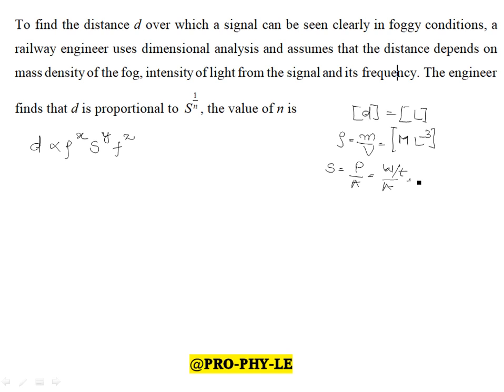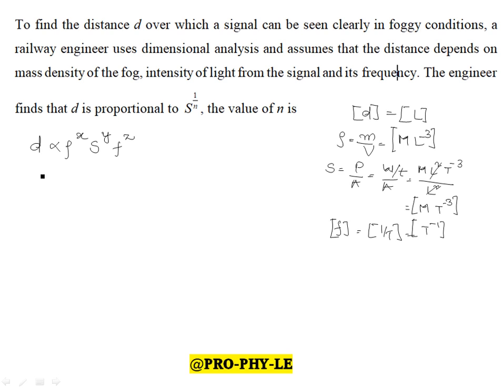Work done will be M L square T power of minus 2 by T, so that this will be T power of minus 3 by area. So L square gets cancelled. You will have M T power of minus 3. This is for intensity. And similarly for frequency, that is the reciprocal of time period, so it will have dimensions of T power of minus 1.